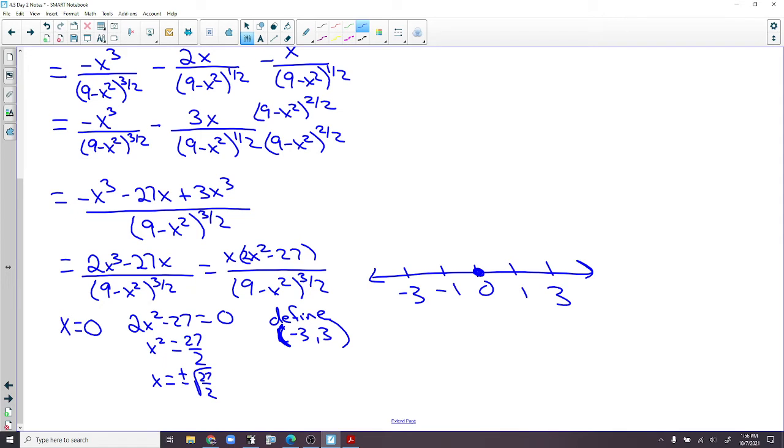So if we put -1 into the second derivative, where would be a nice place? Right here. Negative times a negative is a positive, so concave up. If I plug 1 in here, we get 1 times a negative, which is a negative. So yeah, point of inflection at x equals 0.